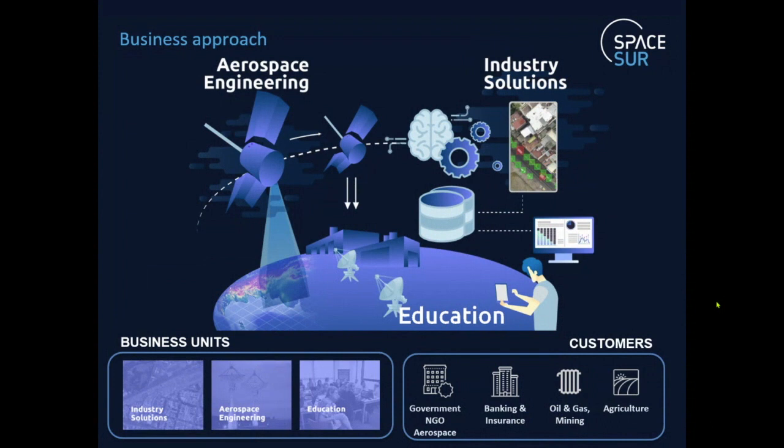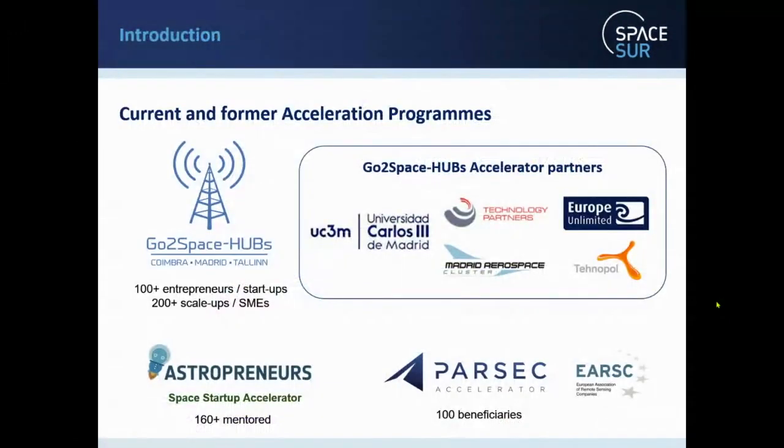We have three pillars of solutions and application: aerospace engineering, industry solutions, and education. We now have the support of Go to Space Hub in the acceleration process of the company and the solutions. We are at a scale-up point, and we are very pleased and grateful to the people of Go to Space for supporting us in this process.